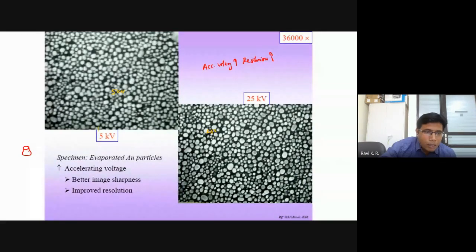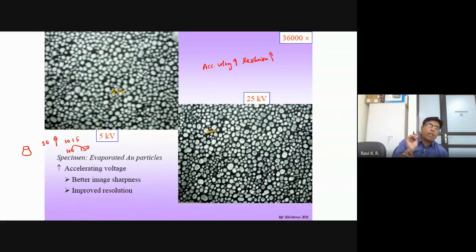Let's say we were discussing secondary electrons; you need a sufficient number to distinguish. Let's say you have 10 and 15. The difference is pretty difficult to see. Now if you have 100 and 150, the difference is 50. Basically what we want is the difference. It's very important. So a slightly larger interaction volume helps.